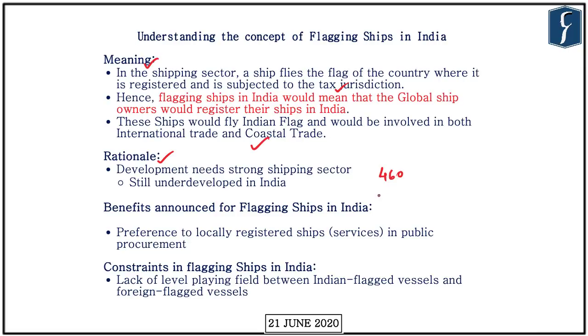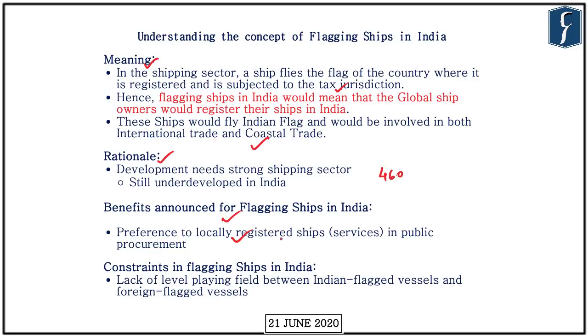Now, if you talk about the benefits which have been announced in terms of encouraging flagging of ships in our country, recently the government has revised the Make in India policy for public procurement. As per the stated policy, the government would not issue global tenders for the procurement of services below the value of 200 crores.